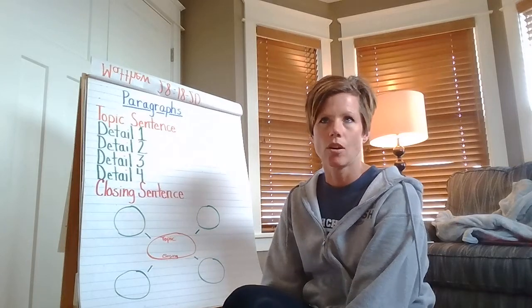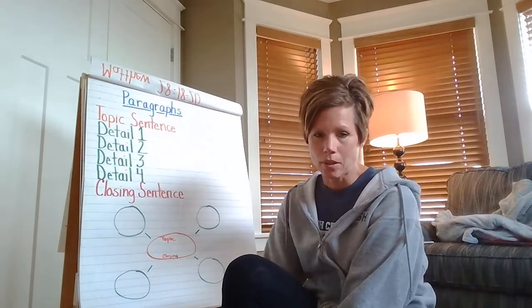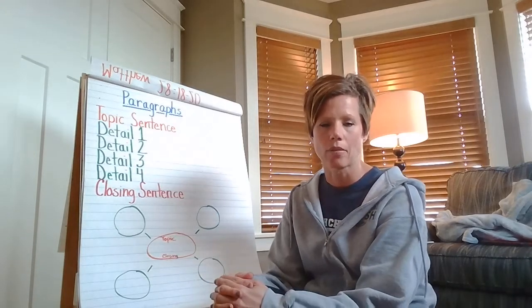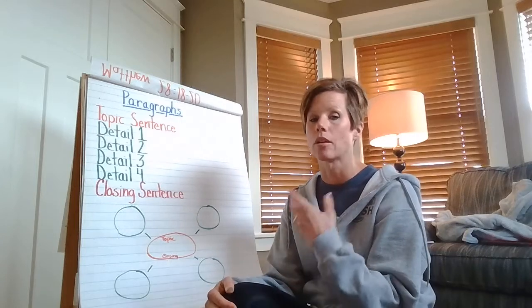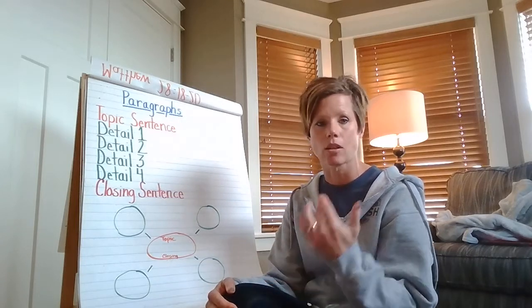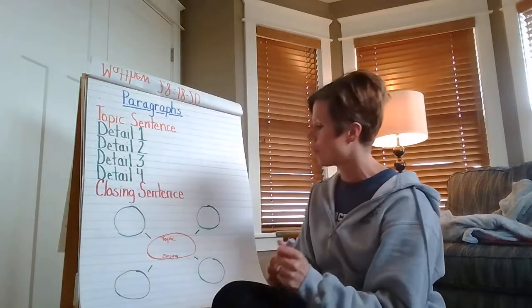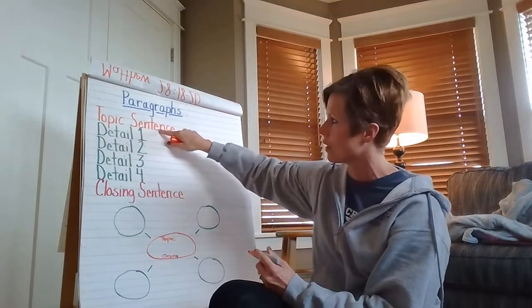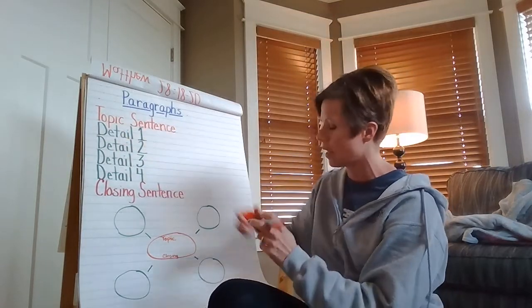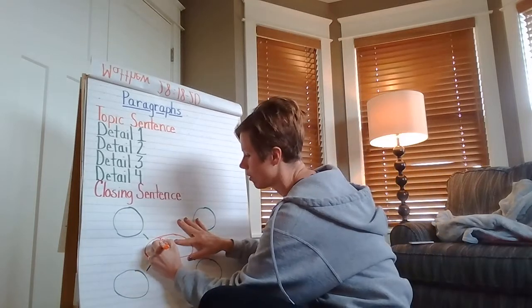If you do not know about building a spaceship, you probably don't want to choose that for your paragraph topic. Choose a topic that you're very familiar with and very knowledgeable about, okay? So I'm going to pick a topic, and I'm going to color code it. So the topic is in orange, so is the topic sentence. And I'm going to write about dogs.